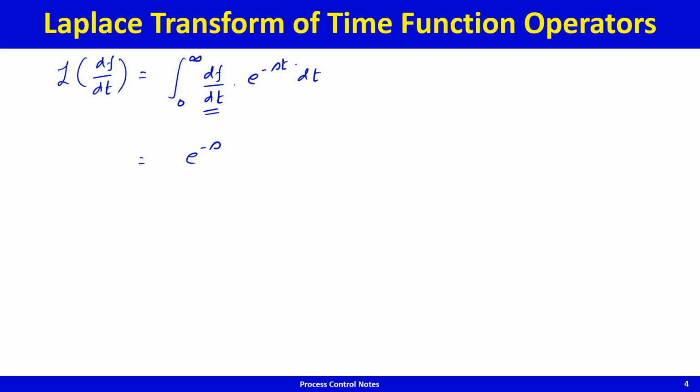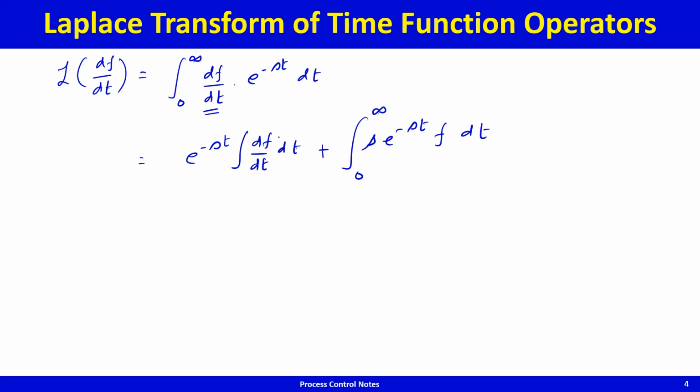So e to the power minus st times integral of df by dt, minus integral of derivative of e to the power minus st, that is going to be plus s times e to the power minus st times integral of df by dt, which is f, dt, and the limits are of course 0 to infinity.